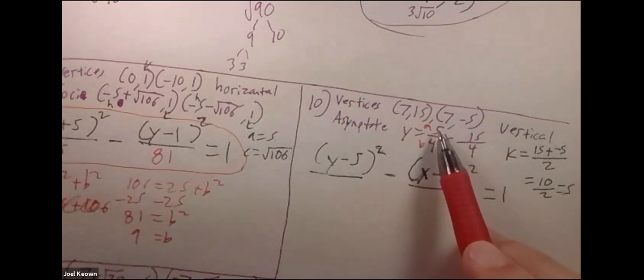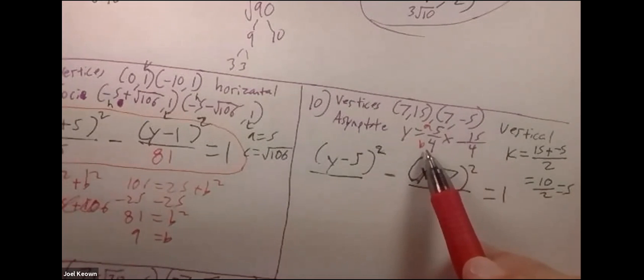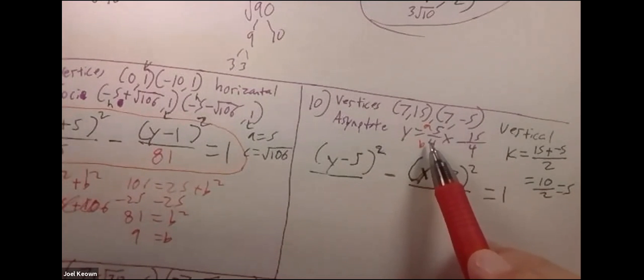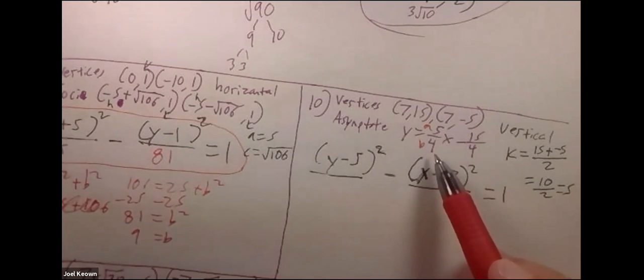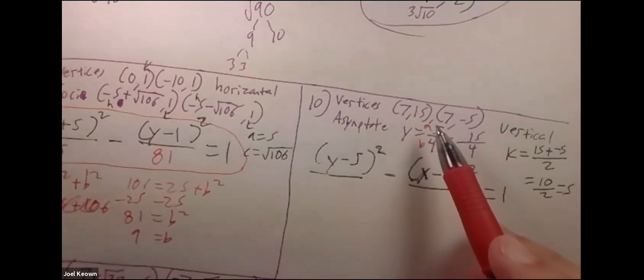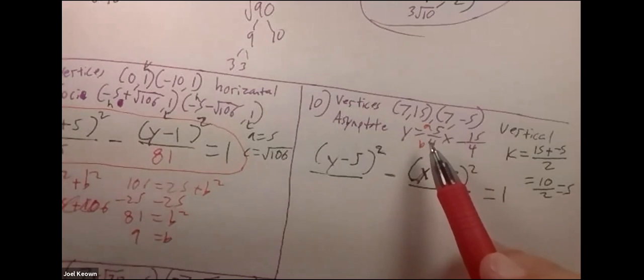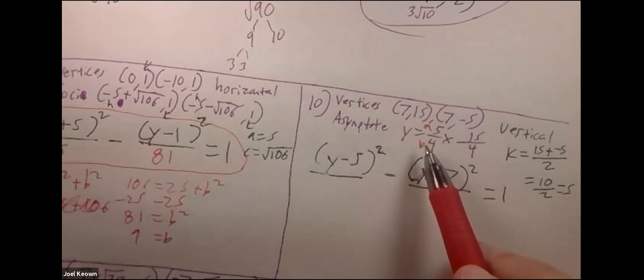So 5 isn't necessarily my A. It could be that they simplified my A over B fraction to be 5 over 4. So for instance, if I multiplied top and bottom by 2, I'd get 10 over 8. Well, it's possible that A would be 10 and B would be 8. Now they would put the simplified version here. But I can figure out for sure whether this really is my A, my B.